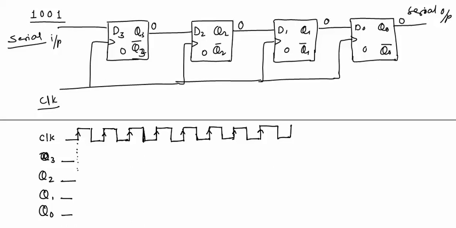Now we will see the change in the output of each flip-flop after the first clock pulse. First positive edge means first clock pulse. Second positive edge means second clock pulse. Third, fourth, fifth.